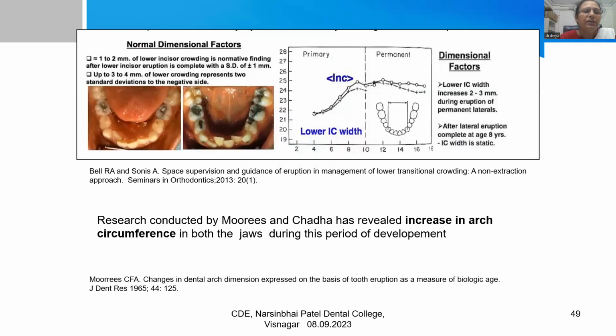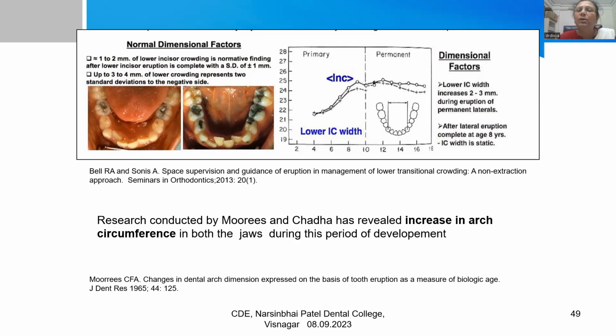These are the studies by Moorrees and Chadha, in which you can see lower intercanine width at the age of 8 remains static till the age of 18. Okay. This is the original research.